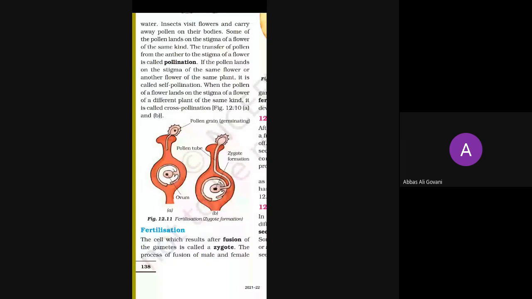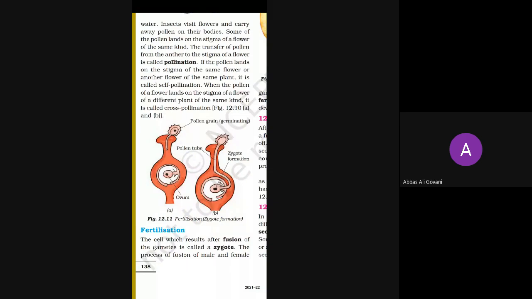Now say, pollination means what? Transfer of pollen grain from stamen to stigma. Okay, so that is the one point. Second thing is about the types of pollination. Two types of pollination are there: one is self-pollination and the other is cross-pollination.